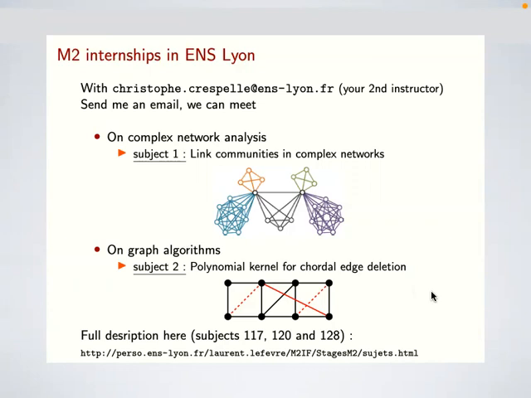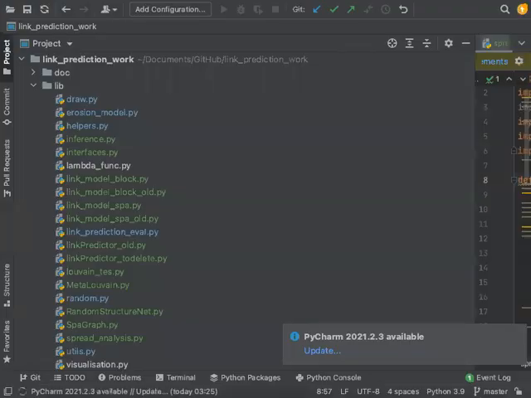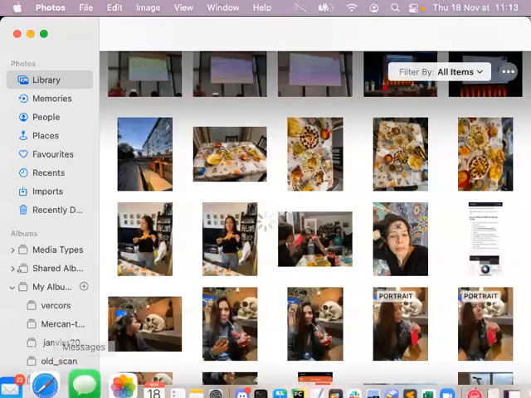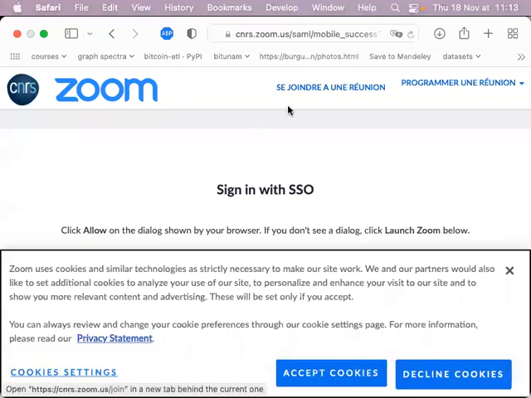I will leave this slide on the screen for some time. And so we now move to the second part, where I invite you to check on my website the exercises that I propose on computer. No, not that. This one.